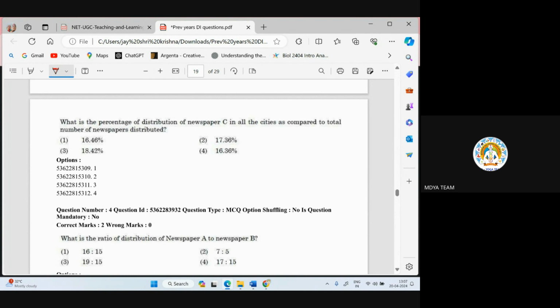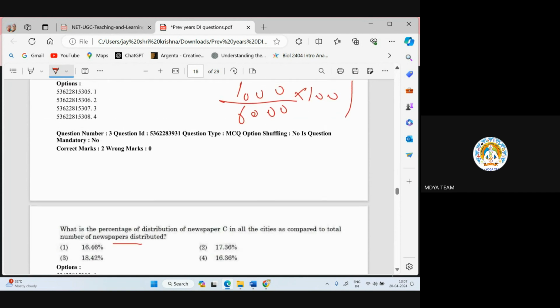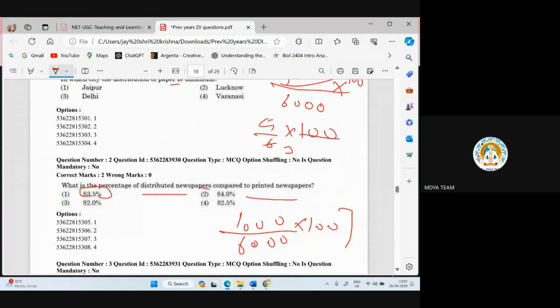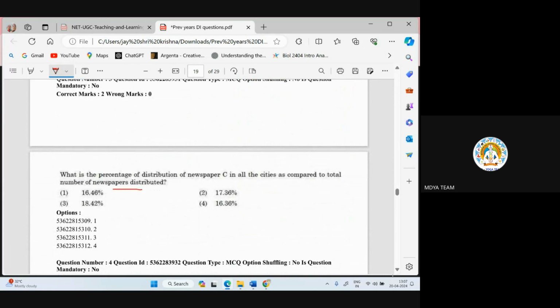What is the percentage of distribution of newspaper C in all the cities as compared to the total number of newspaper distributed? So they are asking, what is the percentage of distribution of paper C?